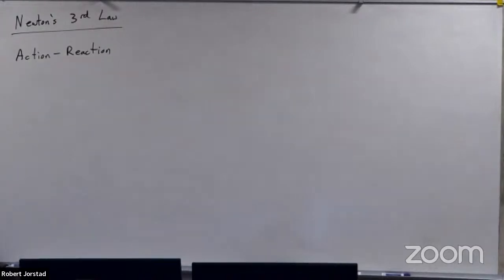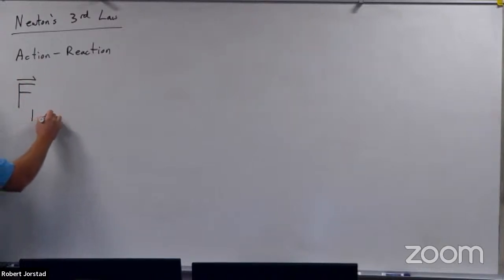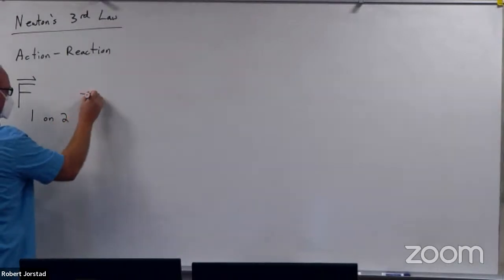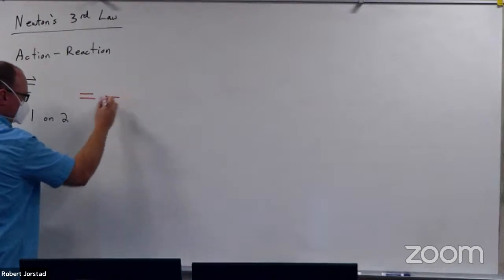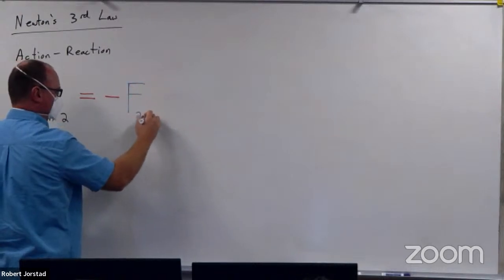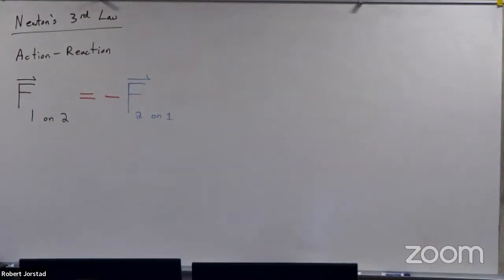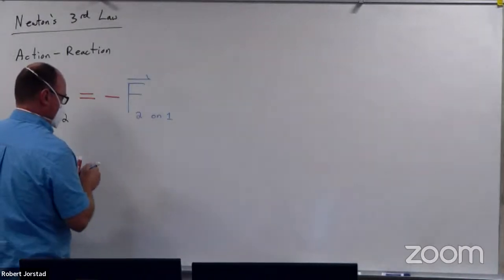In physics, we'll probably say it like this: force vector of object 1 on object 2 is equal and opposite to the force that 2 exerts on 1 vector. Now, I would typically call this the action, and this would be the reaction.